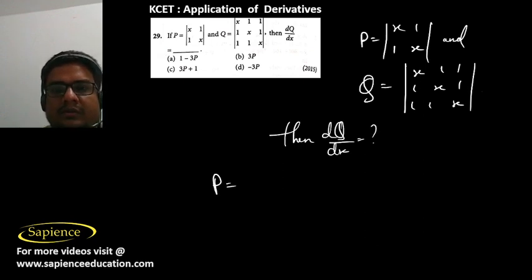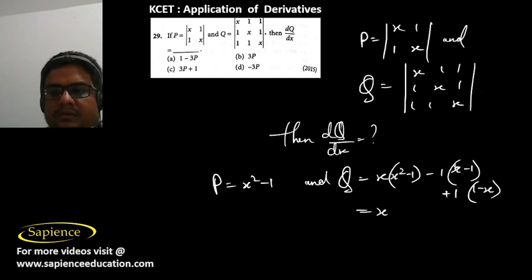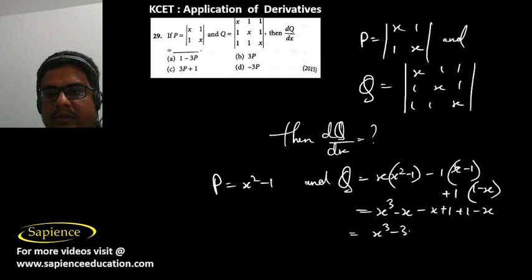Then P is equal to x square minus 1, and Q is equal to x into x square minus 1 minus 1 into x1 plus 1 into minus x, so Q will be equal to x cube minus 3x plus 2.